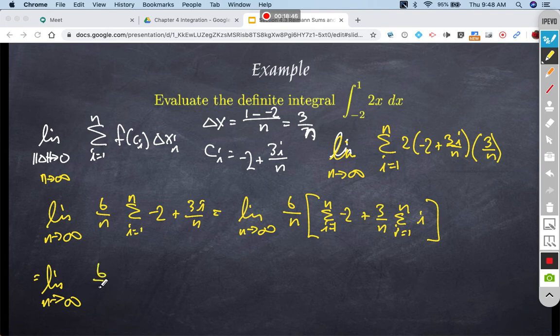So that's going to be 6 over n times negative 2n plus 3 over n times n plus 1 over 2.